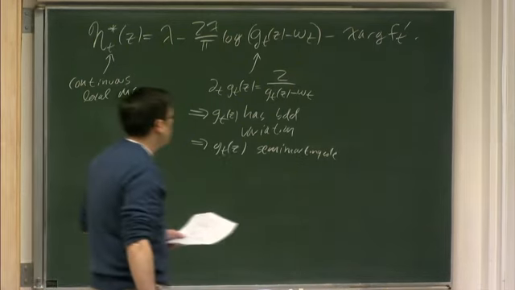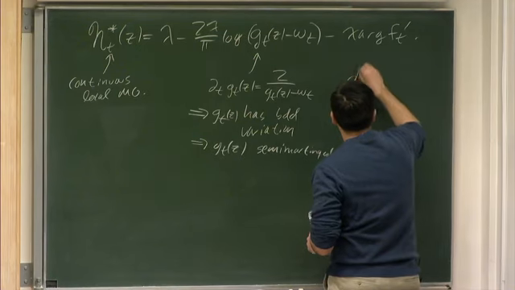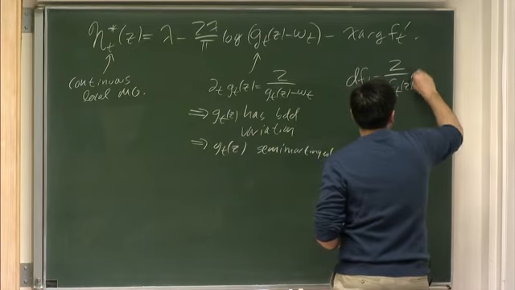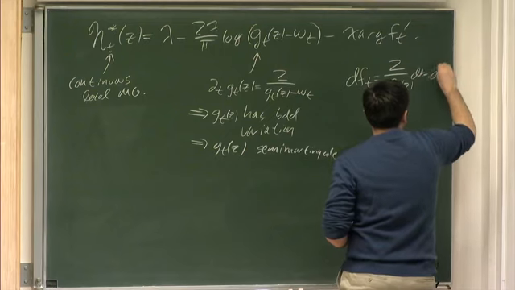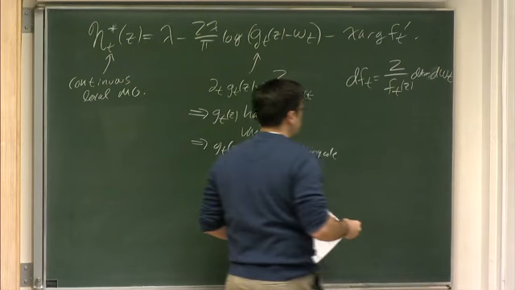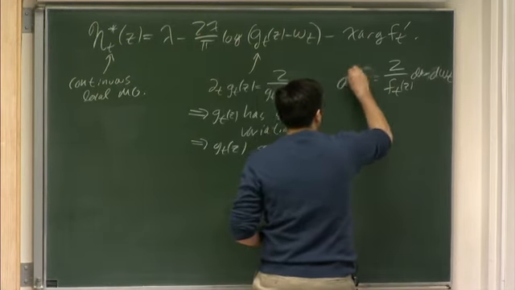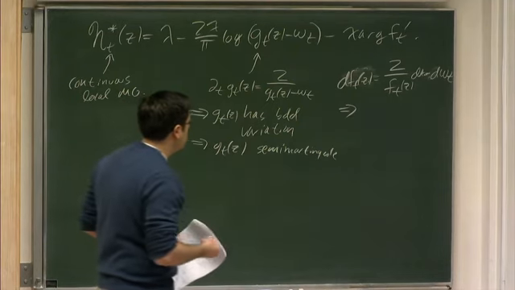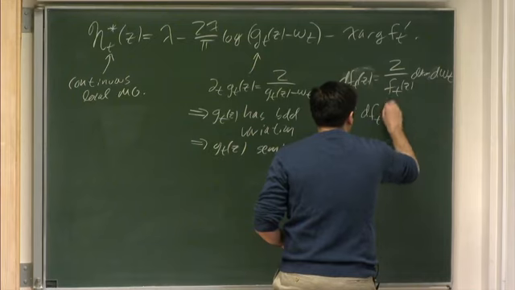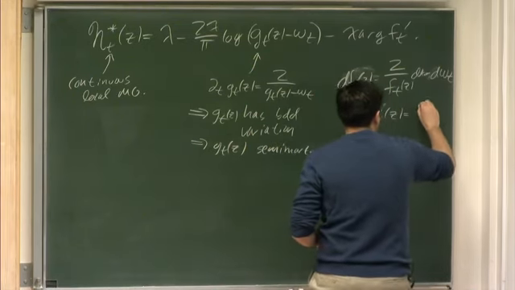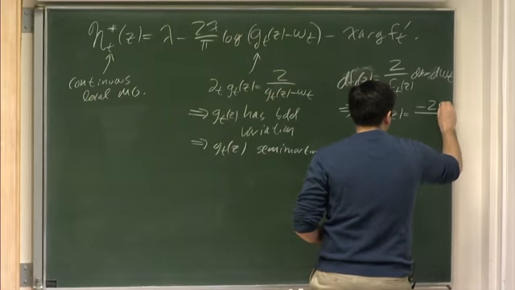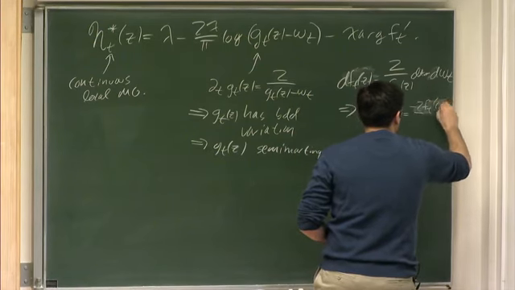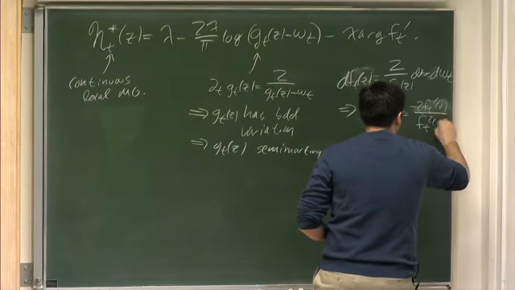Similarly, because ft solves the SDE dft equals 2 over ft of z dt minus dwt, because remember, this is just given by the centered Loewner flow, it follows that if you take a derivative with respect to z, you get that dft prime of z is equal to minus 2 ft prime of z over ft squared of z dt.